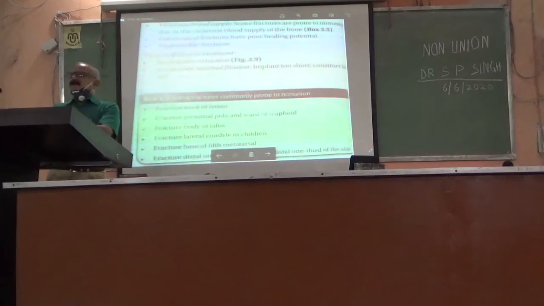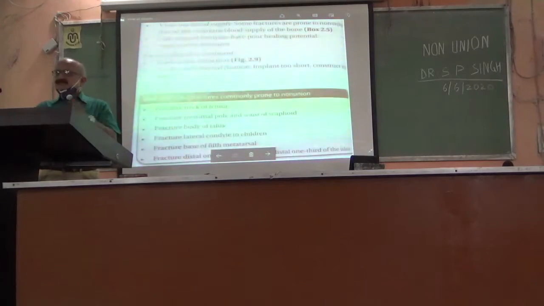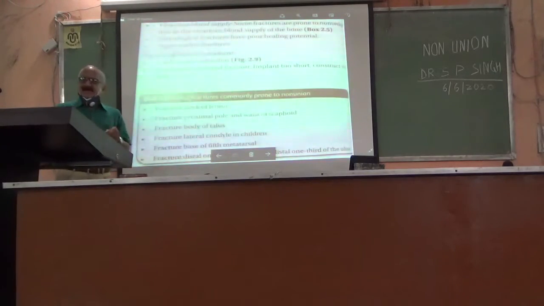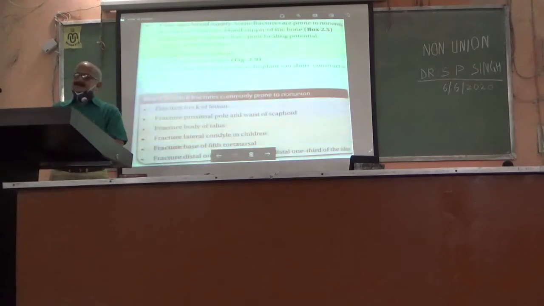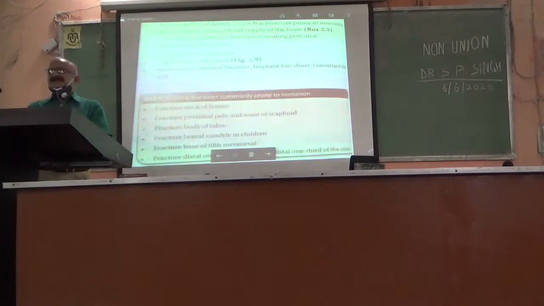In men because of food, in women because of hormonal imbalance. So these two factors play havoc in the later part of life. And whenever you find osteomalacia or osteoporosis, this type of bone with low texture is exposed to fracture.